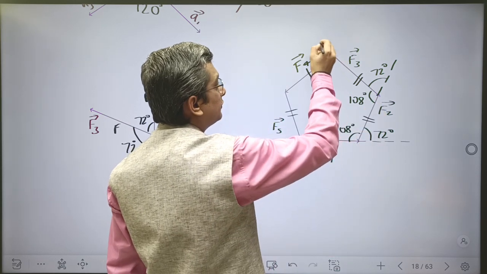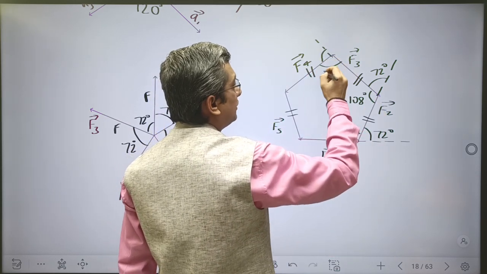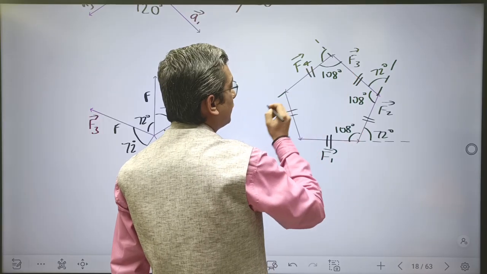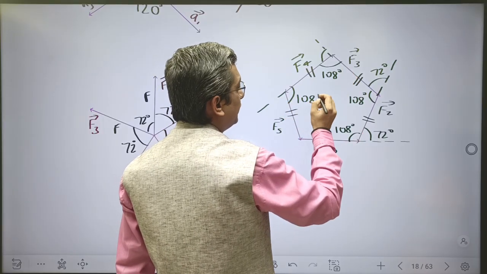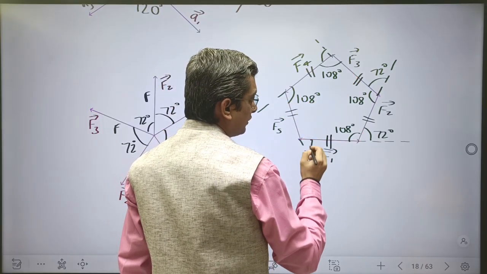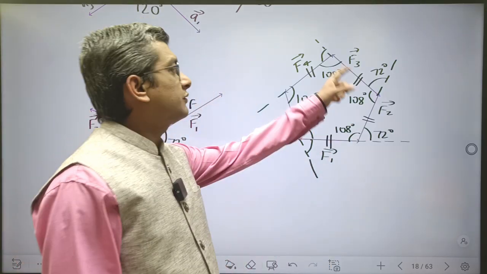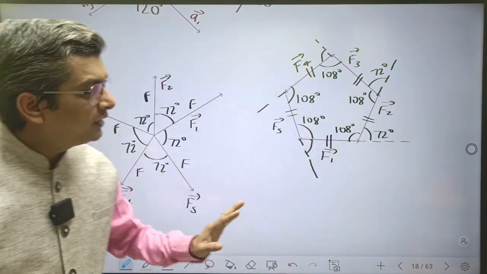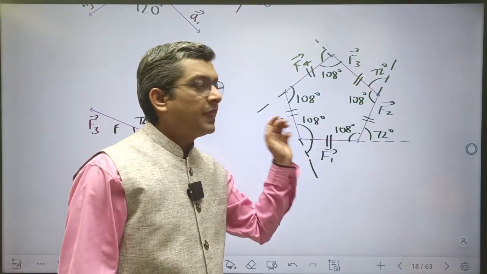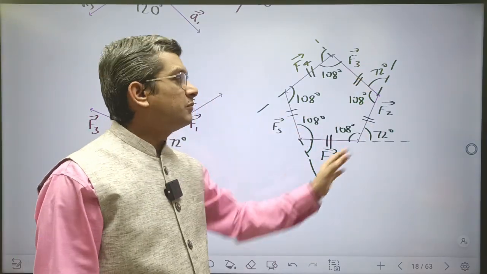Now if you extend this, this is again 72, so this angle is 108 degrees. If you extend this, this is 72, so this angle will become 108 degrees. So all the angles are 108 degrees. All the sides of this pentagon are the same, so this will become a pentagon.